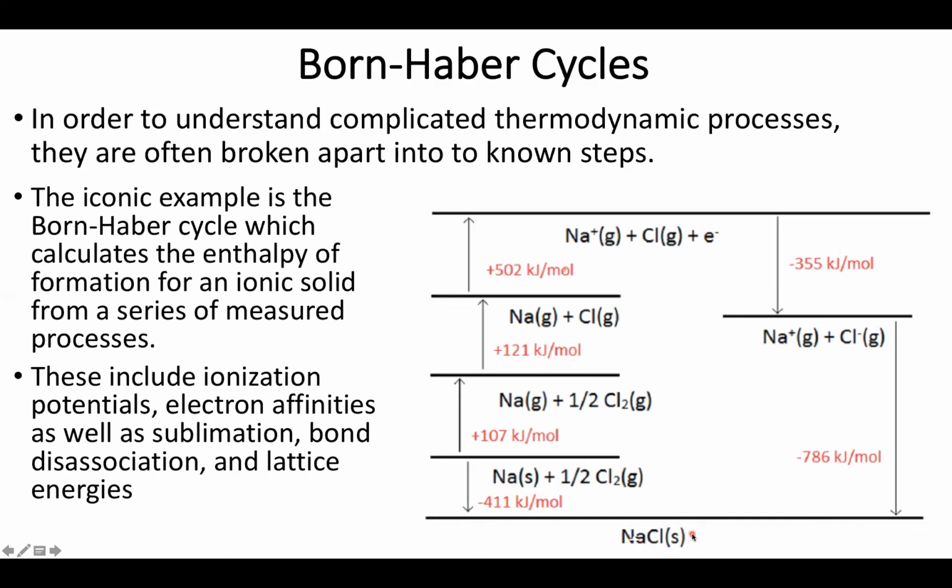It's also not uncommon that what you're trying to determine is the lattice energy, and you may know all of the other steps. But the key part of one of these cycles is usually I know all but one of these energies. And as long as you know all but one, you can essentially use the properties of state functions to close the loop.